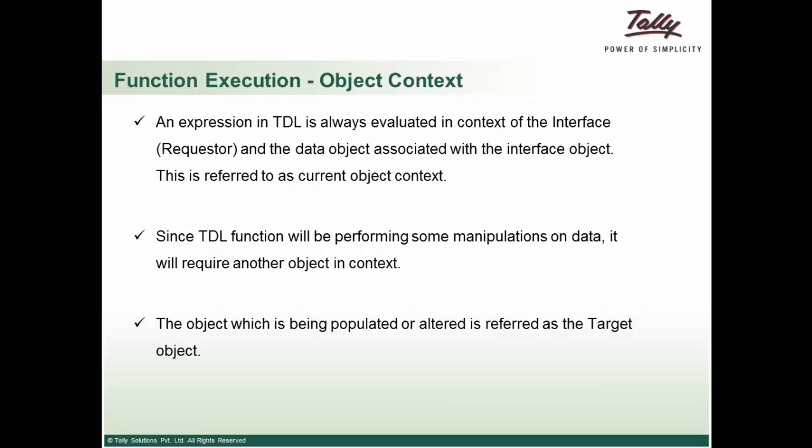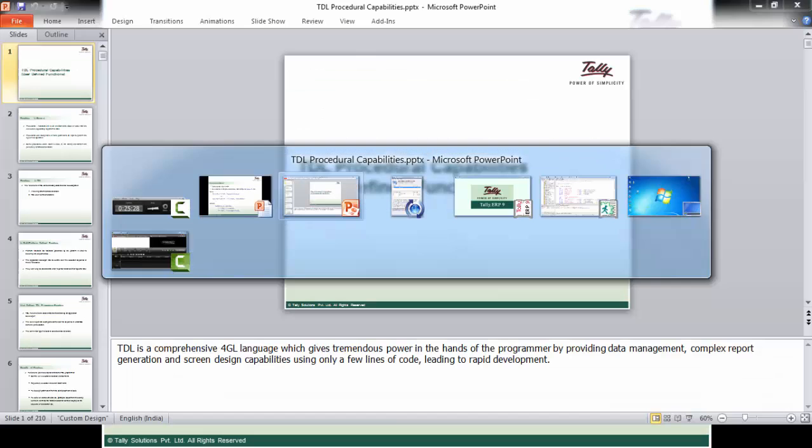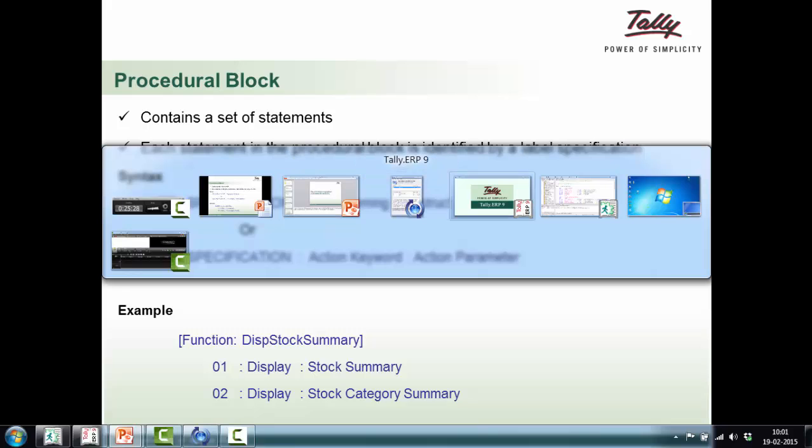Well, before moving on to the object context, let us look at a very simple example in a user-defined function, where we are explaining a mathematical thing called factorial. Let me just show you an example of that.